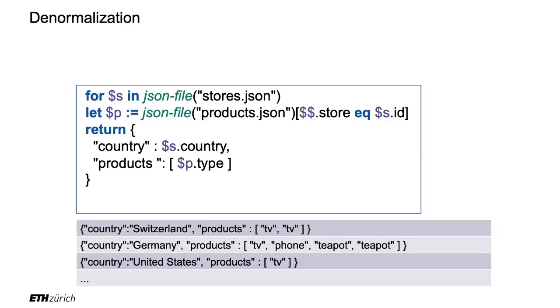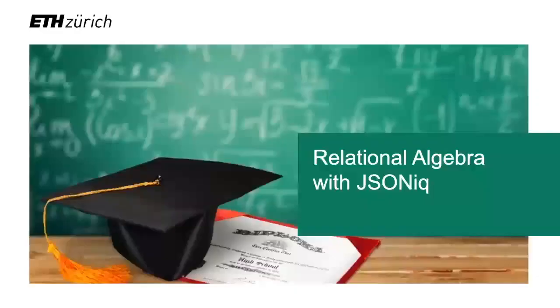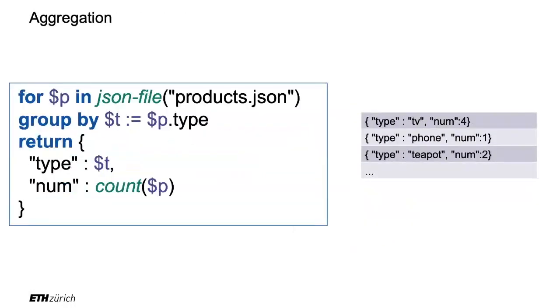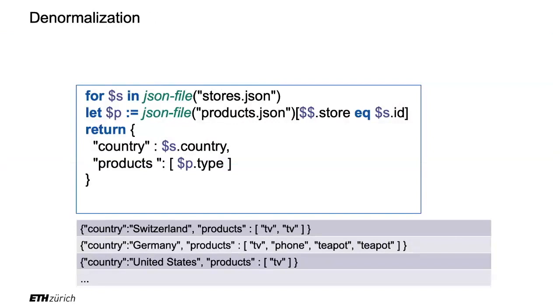And finally, you can denormalize. What do I mean with that? Stores.json and products.json, these are tables, right? This is tabular. Atomic integrity, domain integrity, this is all flat and homogeneous here. But denormalizing, I mean by that I combine them in a way that now I have something with nestedness, right? For example, I can try to look for every store.